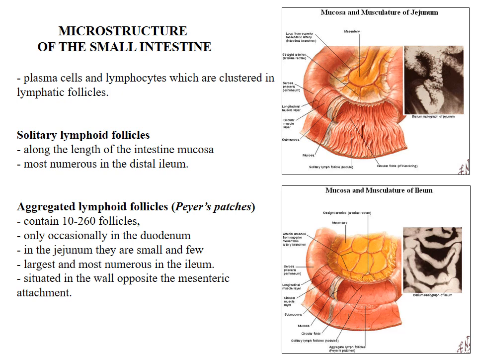In the jejunum they are small and few, but in the ileum, especially the terminal ileum, they are most numerous and largest, 2 to 10 centimeters in length. These Peyer's patches are situated opposite to the mesenteric margin of the small intestine, opposite to the place of attachment of the mesentery.